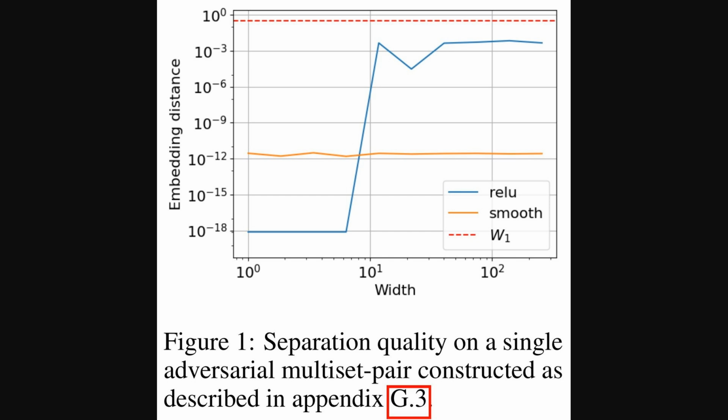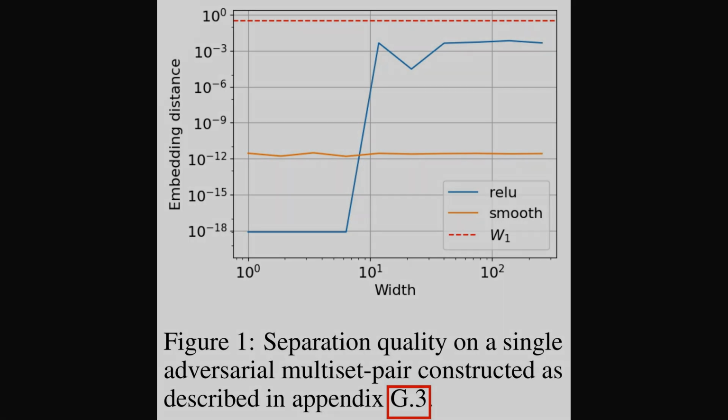For networks using what's called a rectified linear unit, or ReLU, activation function, a common type of mathematical switch, the embedding distance or separation starts incredibly small, but then sharply increases with more width. In contrast, smooth activation functions show consistently poor separation here. The dashed line, labeled W_1, likely shows the ideal separation achievable by a standard graph comparison method, the Weisweiler-Lehmann test.